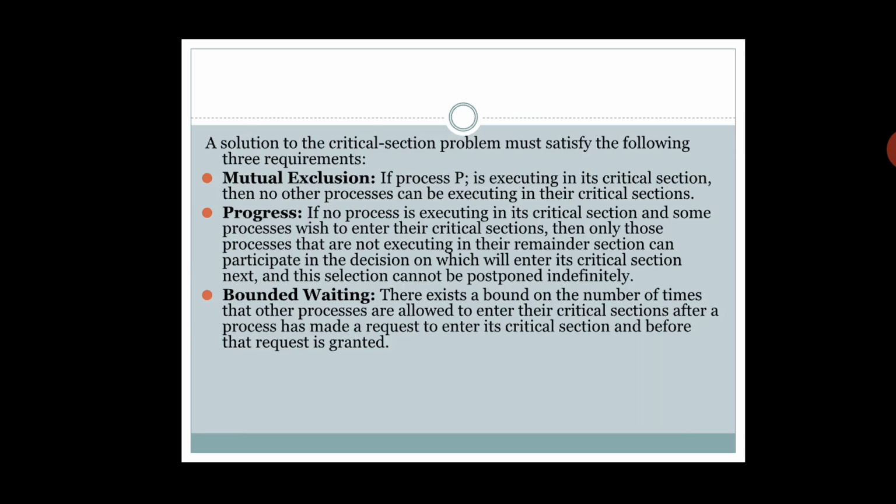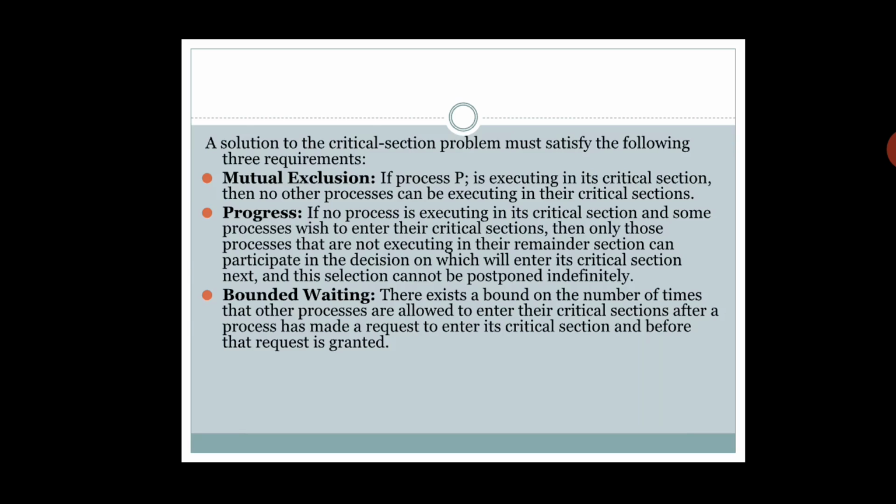There may be a wastage of time, a problem with performance, and frustration, because if the system is not responding with greater speed, we will not feel good. So there are three main requirements: mutual exclusion, progress, and bounded waiting.